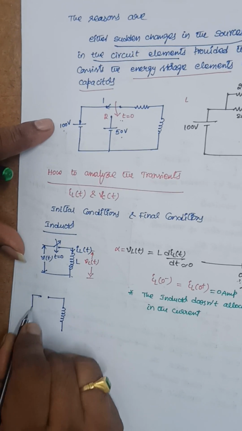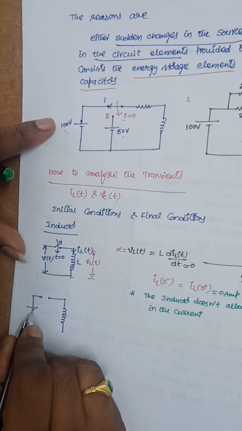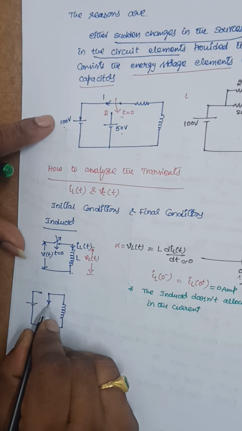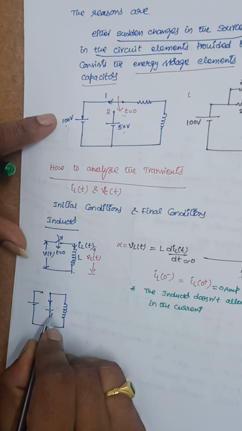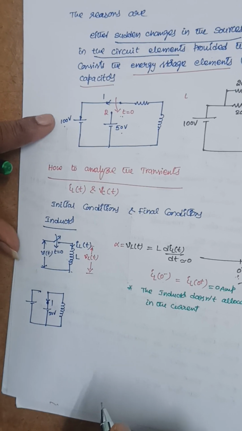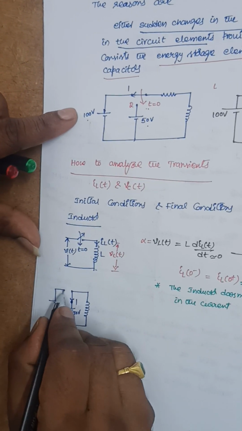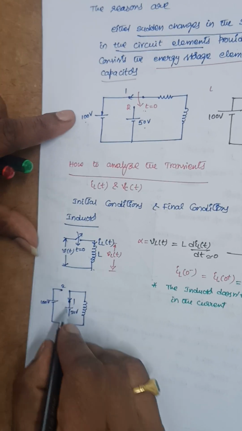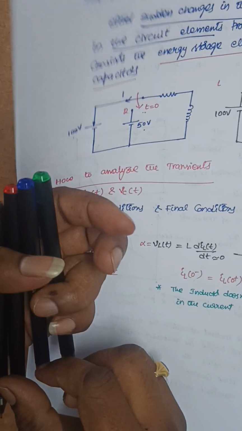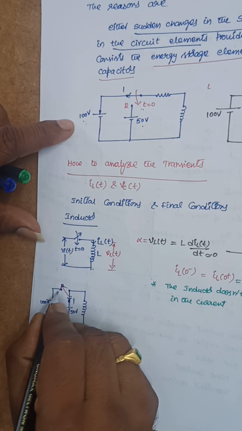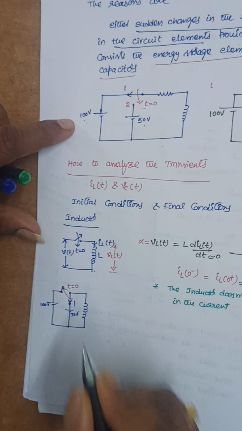It is some voltage, 100 volts, and here the switch is connected to some 50 volts or so. This is position 1 and this is position 2. It is 100 volts. Suddenly the switch is moved from position 1 to position 2, at t equal to 0.